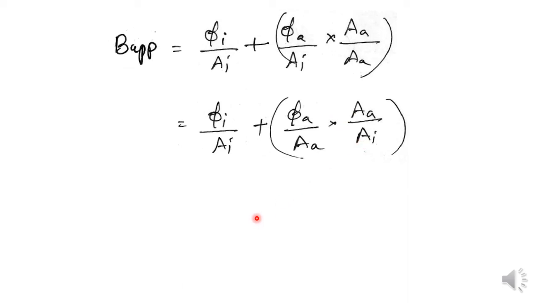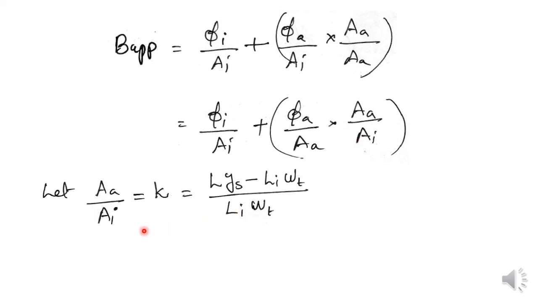Now let's define a term k, which is equal to AA by AI, and here we substitute the values of AA and AI. We have already written that AA is equal to LYS minus LIWT, divided by LIWT.